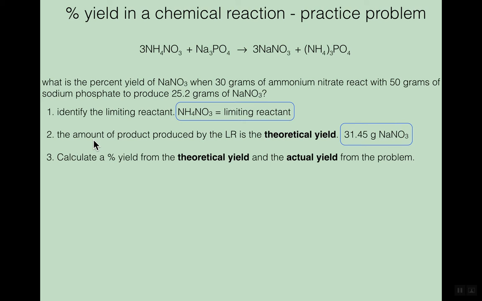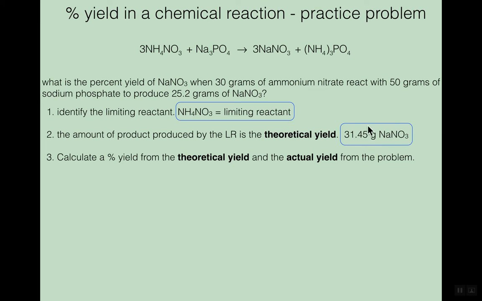Then we calculate the amount of product produced by the limiting reactant, and that's the theoretical yield. We already calculated that in the previous video. This ammonium nitrate will give us, theoretically, 31.45 grams of sodium nitrate. This is mathematically what we should get.